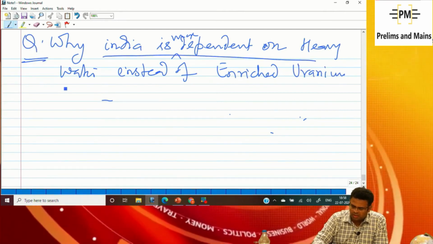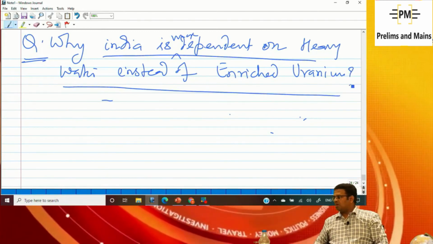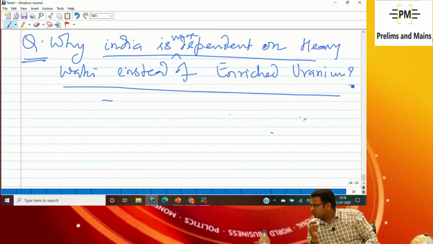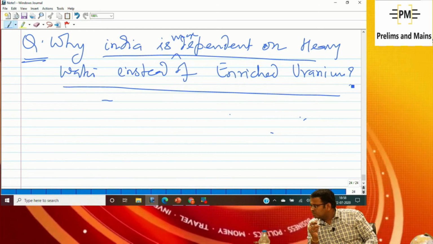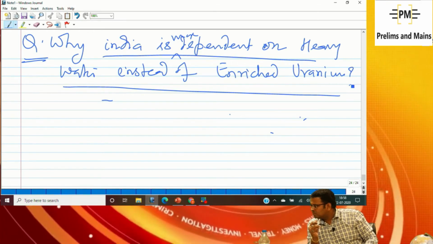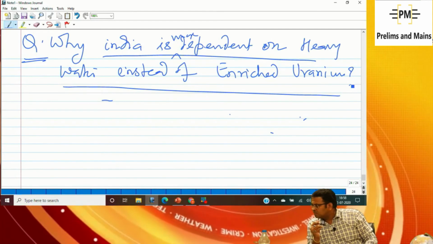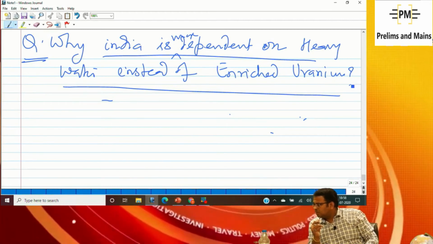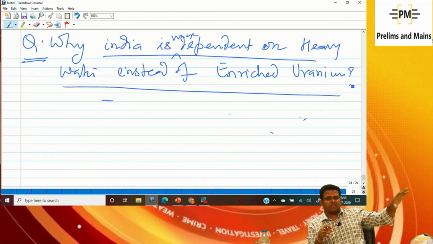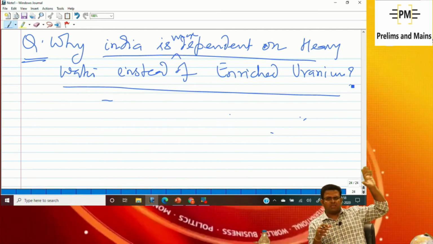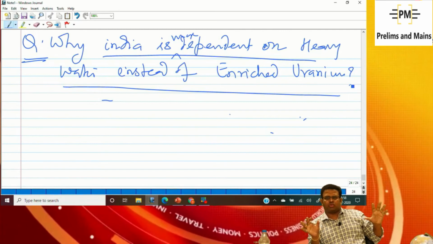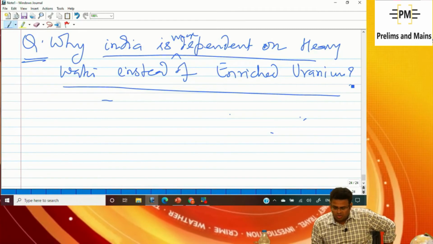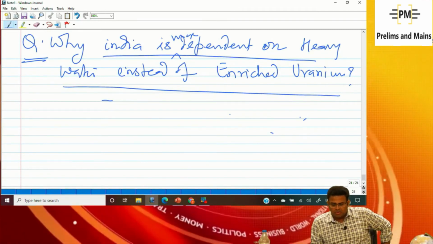Perhaps this question is clear to you. In the UPSC they can ask this in the prelims, mains, anywhere it can be asked. This is one of the famous questions. Why is India more dependent on heavy water instead of enriched uranium?